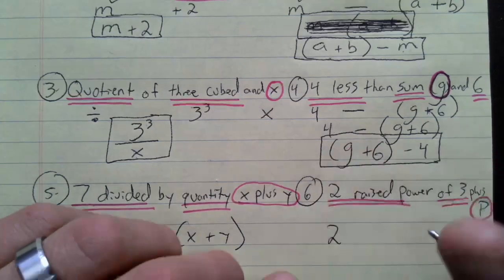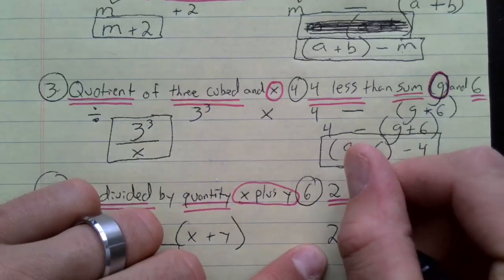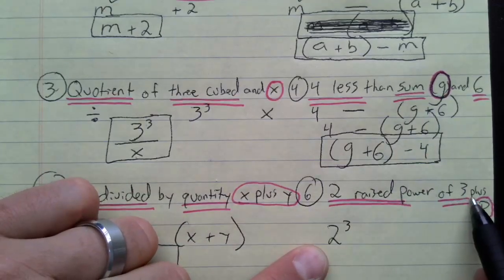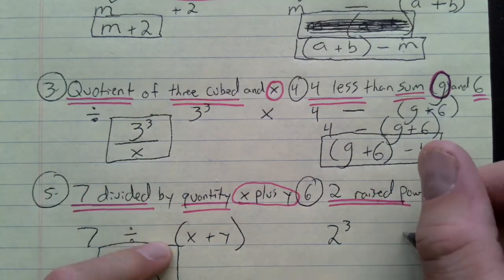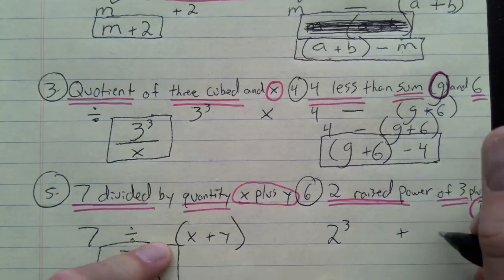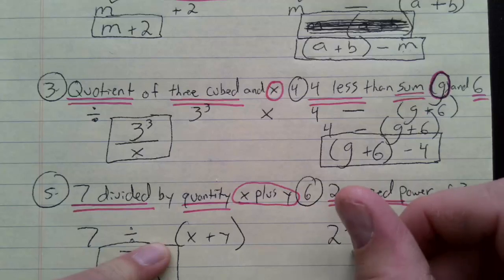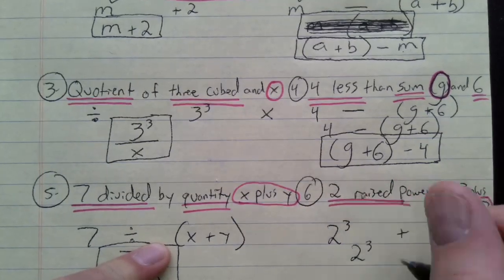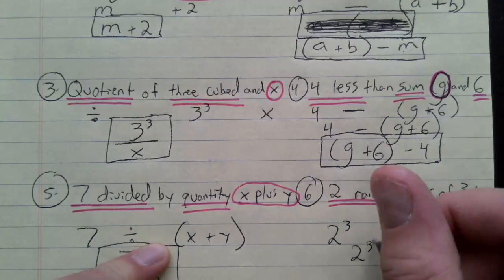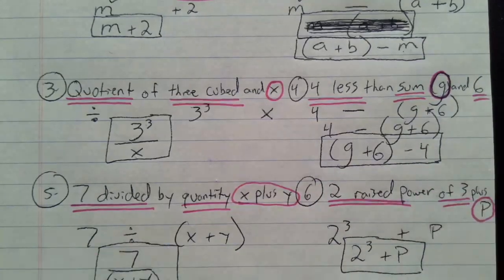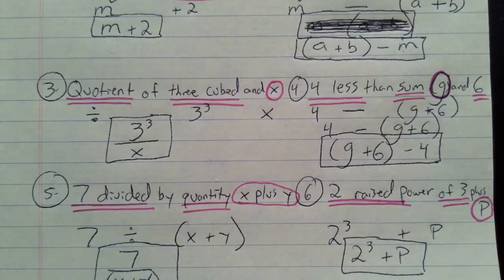Plus means add p. So your variable plus your exponent, 2 to the 3rd power plus p, is your expression. That's it. Go and try numbers 7, 8, and 9 on your own.